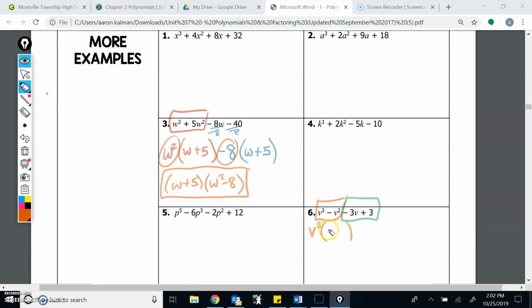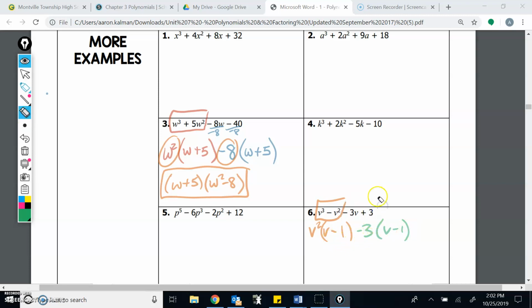After taking out a v squared, we get a v, and then this becomes not nothing, it becomes a minus 1. In green, that GCF is also going to be a negative 3 because we need what's left in the parentheses, just like number 3, to be a v minus 1, just like the orange one was.